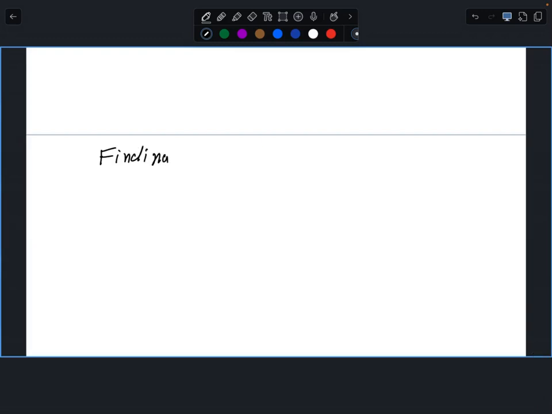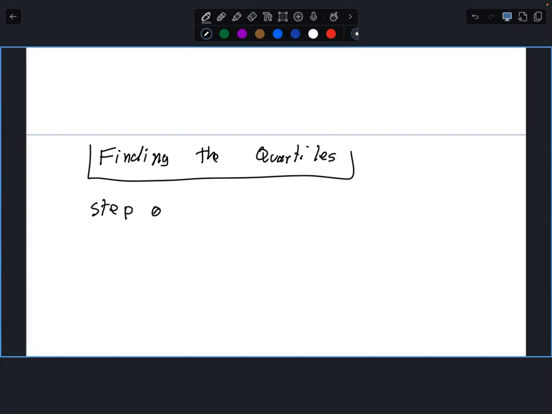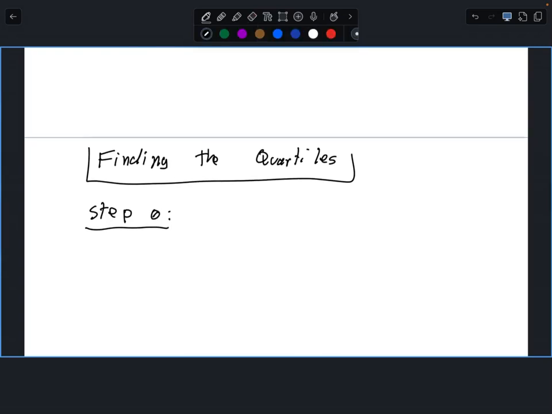Finding the quartiles. Step 0. Step 0 refers to what's not always needed to be done, which is to order the data. If it's not already ordered, order the data. What do I mean by order the data again?